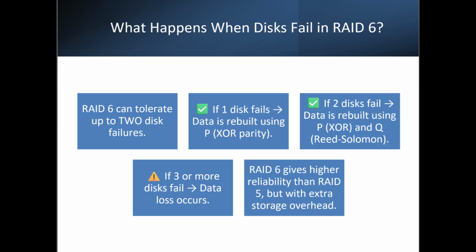You can calculate those two variables using the two equations that you have, because parity P is D1 XOR D2 XOR D3 up to Dn, and parity Q is C1 D1 XOR C2 D2 XOR C3 D3 up to Cn Dn. So you have two independent equations and two variables, which you can calculate. This gives you backup for two lost disks. That's the power of RAID 6.